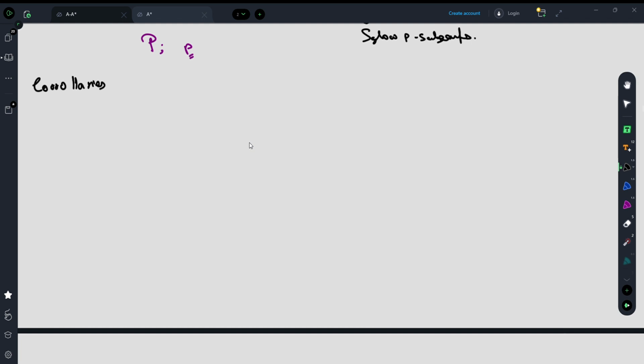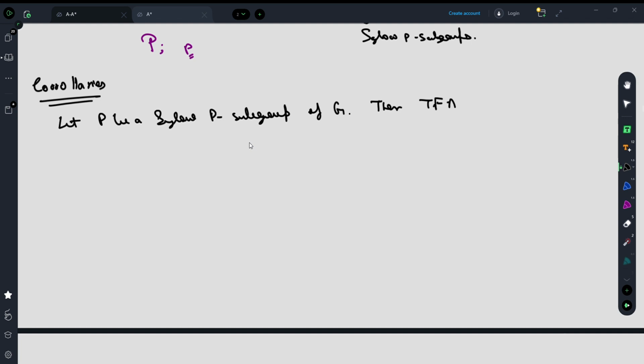Corollaries. Let P be a Sylow p subgroup of G, then the following are equivalent.